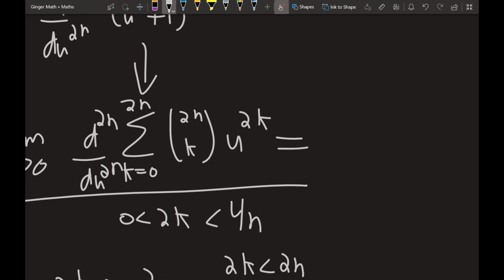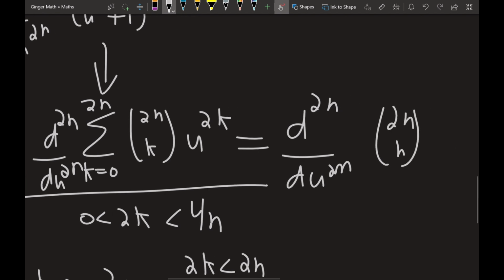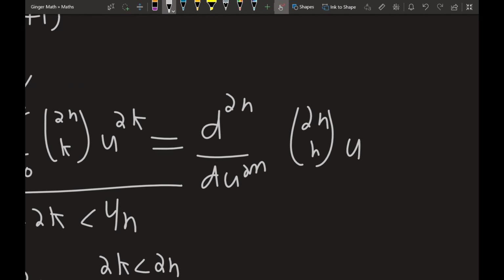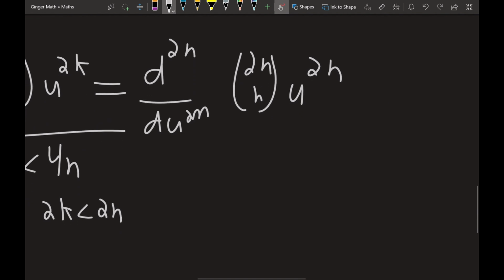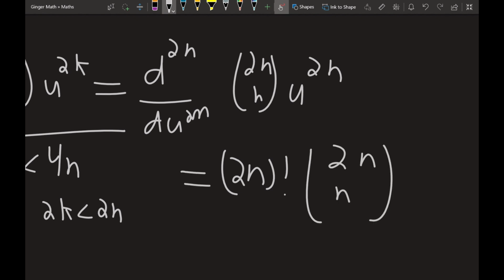So we're still going to have the 2nth derivative of 2n choose n times u to the 2n. And now we have the 2nth derivative of u to the 2n, which, when you differentiate u to the 2n, 2n times, you're really just going to end up with 2n factorial. And don't forget about our 2n choose n term here.